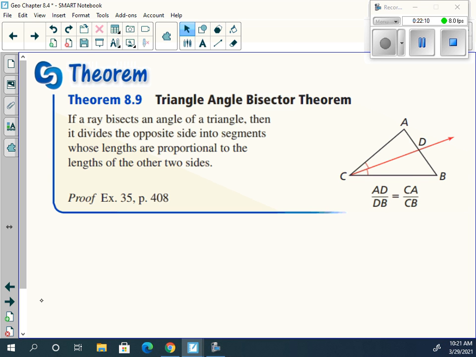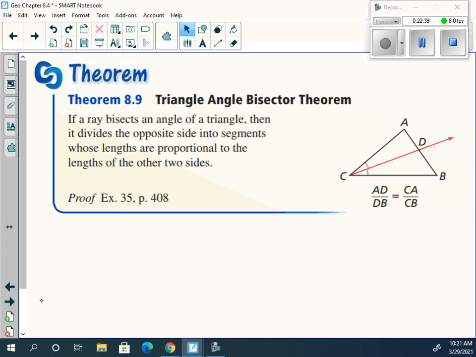We're going to skip on ahead to theorem 8.9. This is the last theorem that we're going to cover today and the last theorem for this chapter. If a ray bisects an angle of a triangle, then it divides the opposite side into segments whose lengths are proportional to the lengths of the other two sides.